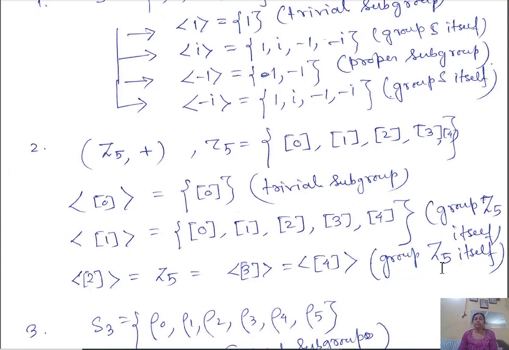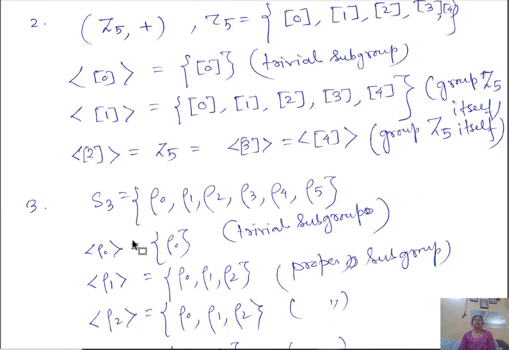Since this is additive, generated by means you have to take scalar multiples of 1: 0 times 1, 1 times 1, 2 times 1 is class 2, 3 times 1 is class 3, 4 times 1 is class 4. So the subgroup generated by this element is the entire group. In the same way, the subgroup generated by 2 is also Z5, by 3 is also Z5, and by 4 is also Z5.